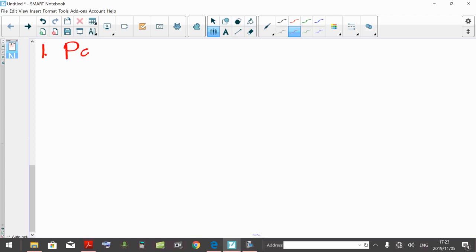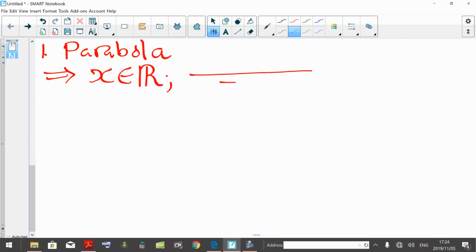Now let's look at a parabola. For a parabola, generally we say that our domain is x element of R, meaning our parabola exists for all values of x, generally.